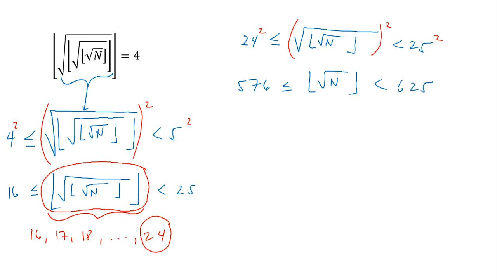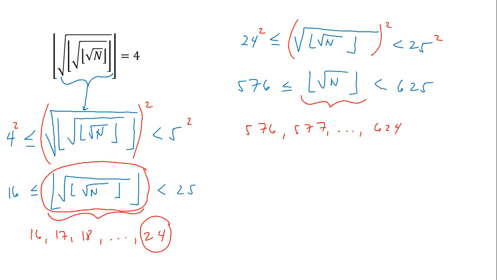Similarly, the value of this quantity in the middle can be 576, 577, all the way to 624, because we cannot have 625. Take note, we have this less than symbol at the right endpoint.